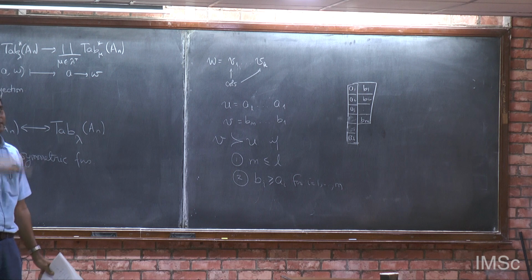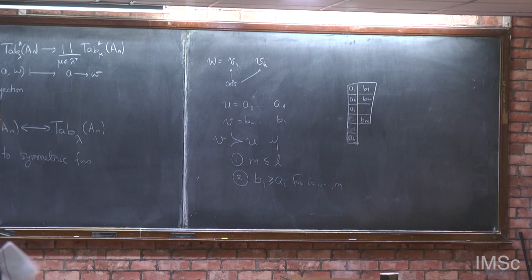To convert a tableau into a word, you read it by columns from bottom to top, left to right. So, that is called the column word.